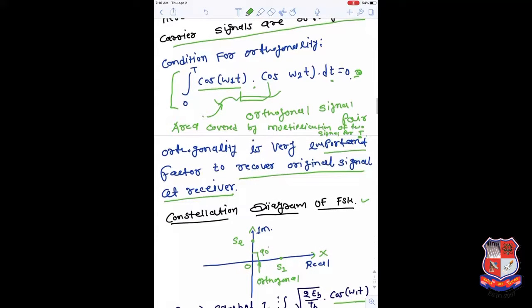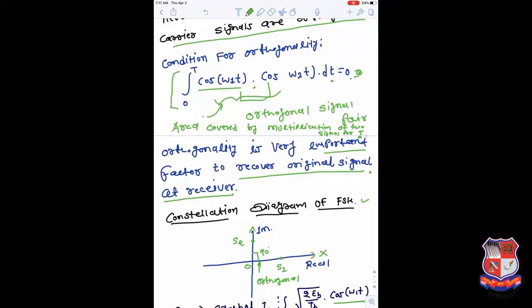This orthogonality is important because whenever the signal is received, we have to identify the signal in the form of a 1 or 0. We want to separate out the signal, and there are two branches that we will see later on. In the receiver we have two branches.